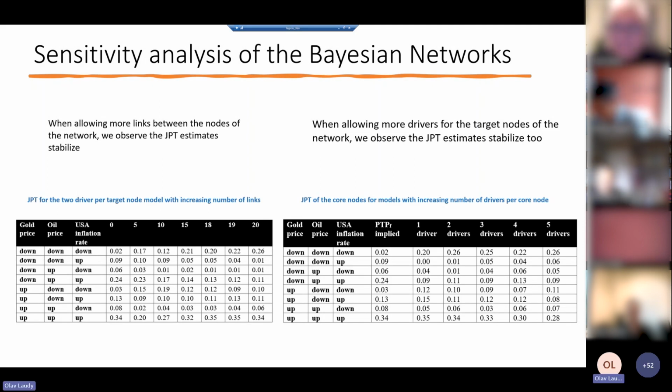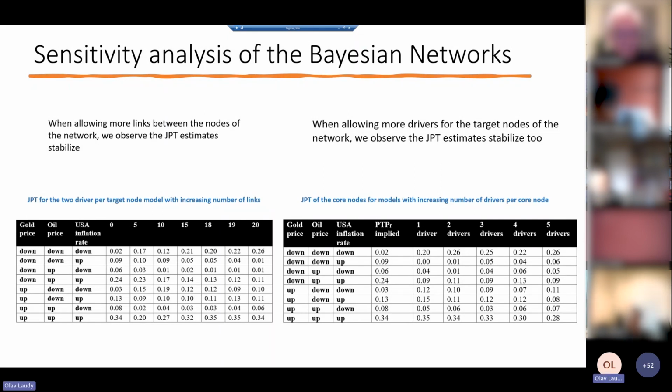Another analysis that we can do is keep adding more drivers per target node, and that is shown in the right table. We go from 1 driver per target node to a maximum of 5 drivers per target node. The latter resulting in a rather large Bayesian network with 18 nodes and thus 2 to the power 18 states.